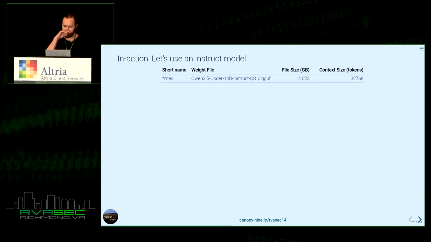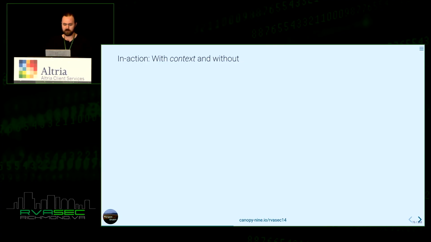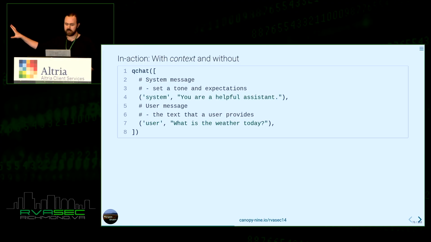We're going to use that medium-sized Qwen 2.5 Coder model with 14 billion parameters. This is just a simplified interface in Python that I wrote so it would fit on slides nicely. The actual interface isn't much more complicated than this. When you're interacting with chat models like OpenAI and Anthropic, all they're doing is managing a chat log that then gets pushed into the model as a formatted string of chats, the context.